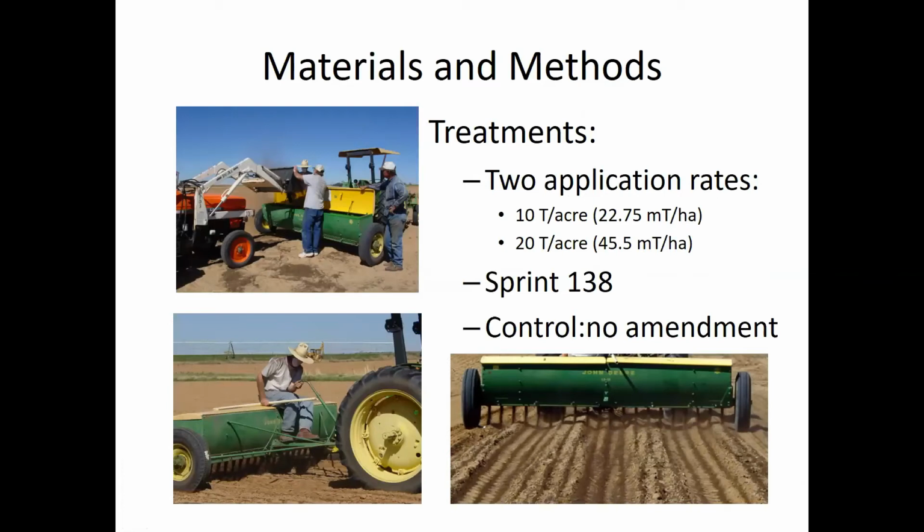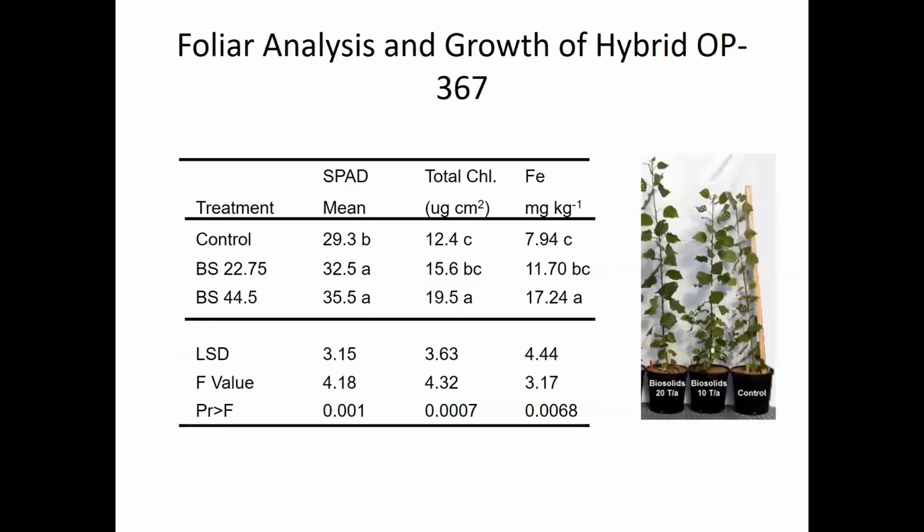So we did this tree study here at the Science Center, and we applied the compost to the soil using a regular spreader. The scientific information here is a little dense for this evening, I think, but the main point is the growth we found on trees growing under the biosolids at regular rates of what you would apply manures, 20 tons per acre.